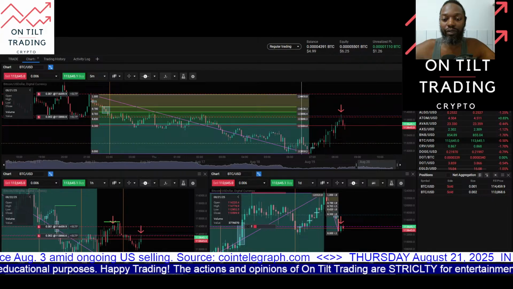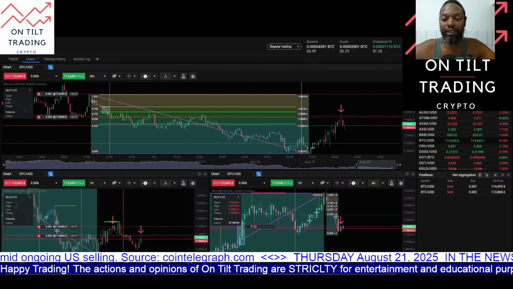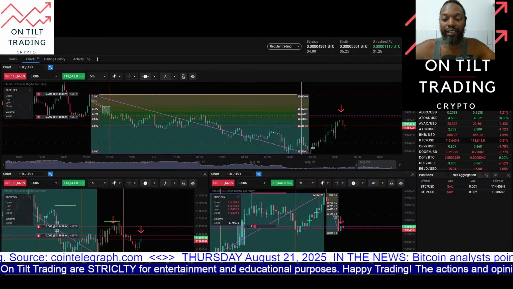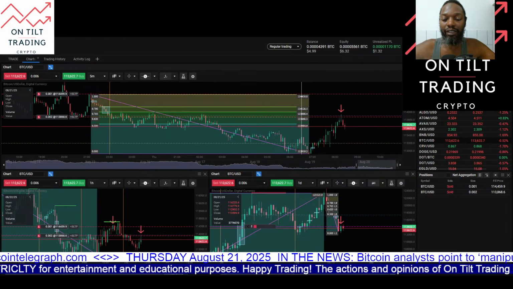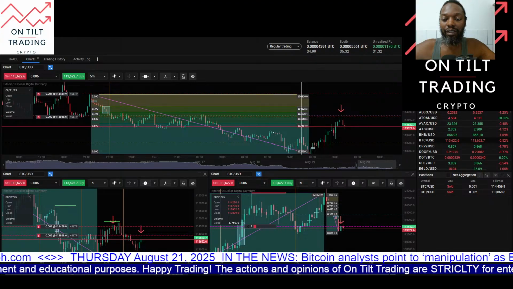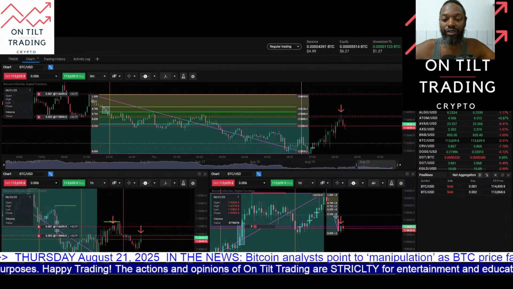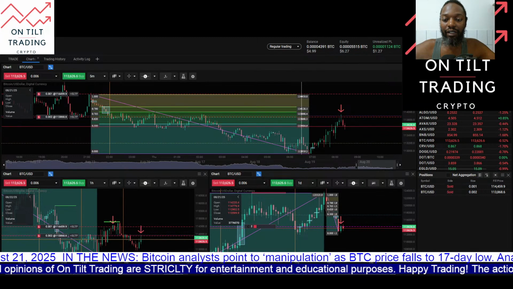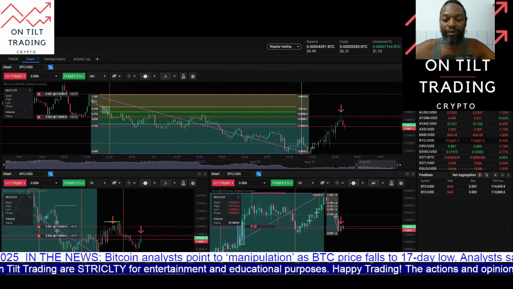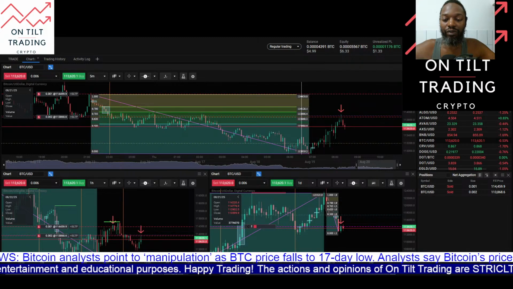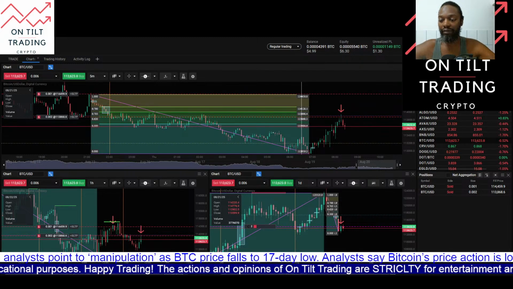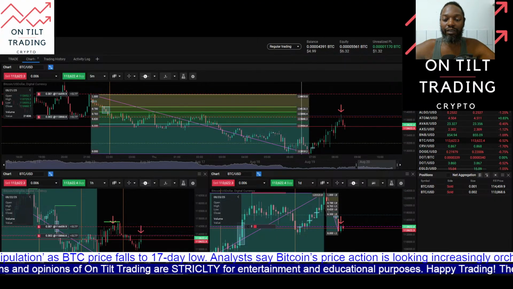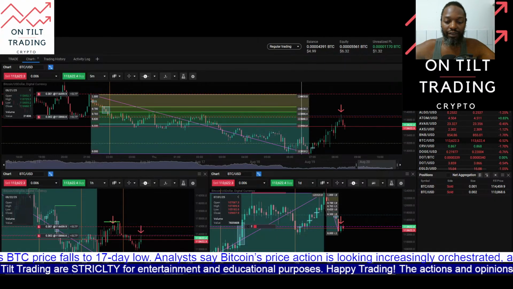If all goes well, we'll get delivery and a closure here, which would provide a market structure shift on the 5-minute, and here, if there's a close here, likely be a market structure shift on the 15-minute time frame. But this is what I'm seeing in the market so far for this AM.